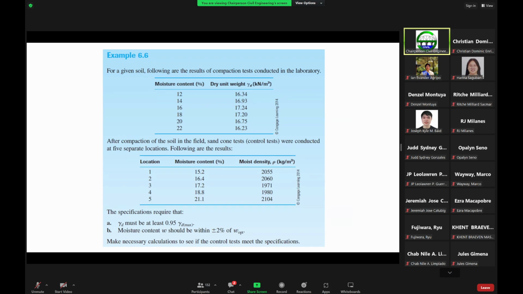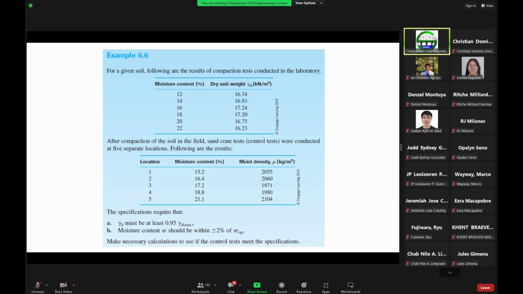For example, you are constructing a 1 kilometer road. Then every 200 meters, you do a sand cone test in the field to check if you have achieved the required specifications.